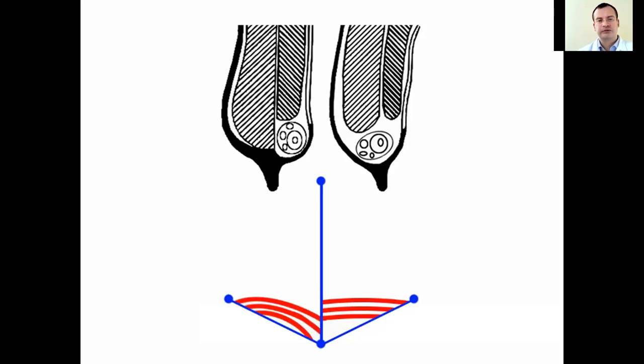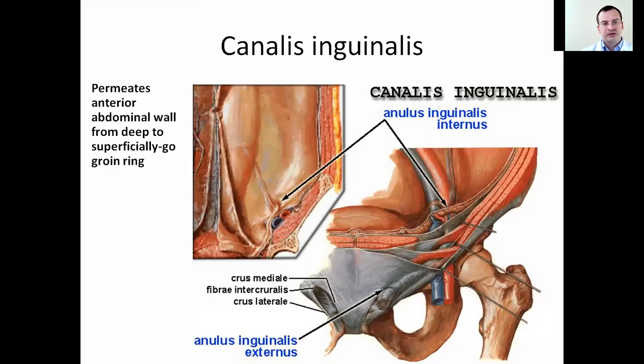This is how it looks. Canalis inguinalis permits passage through the anterior abdominal wall from deep to superficial: annulus inguinalis internus, crus mediale, fibrae intercrurales, crus laterale.